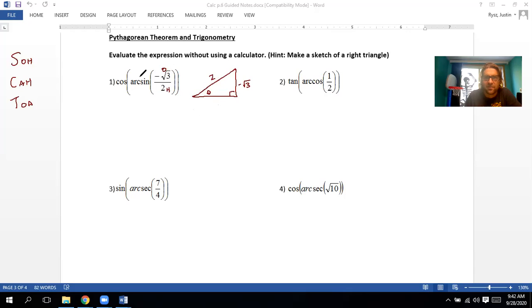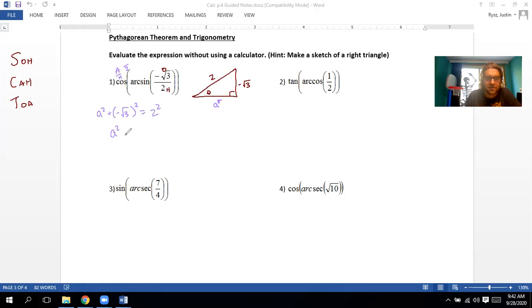Since we want to find cosine, cosine is asking us to find the adjacent over the hypotenuse. So we know it's going to be something over 2 because the hypotenuse is 2. We have to find the adjacent now, so we can use the Pythagorean theorem: a squared plus negative radical 3 squared equals 2 squared.